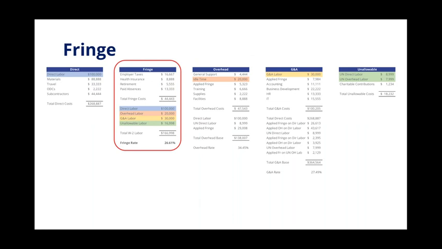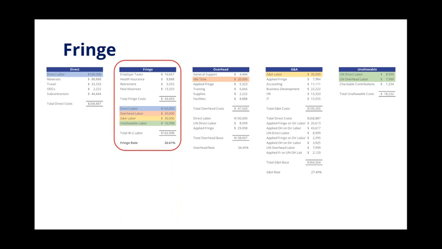What I do want to walk you through here is a dummy setup I built with some sample data in it. You'll see on the screen here that I've got the 5 cost pools that we've talked about today: direct, fringe, overhead, G&A, and unallowable. As I advance through the slides, just so you're prepared for what's coming, my little red box is going to move around as we talk.